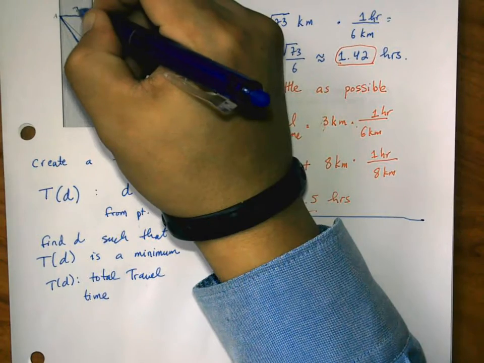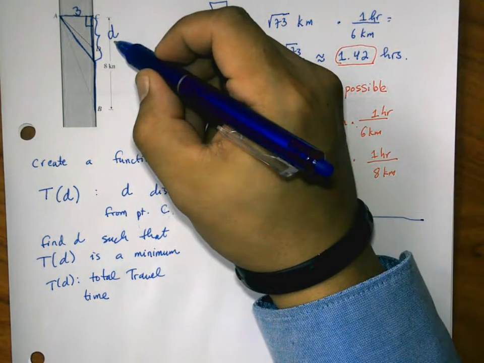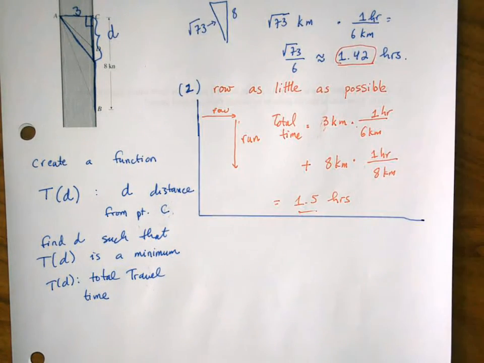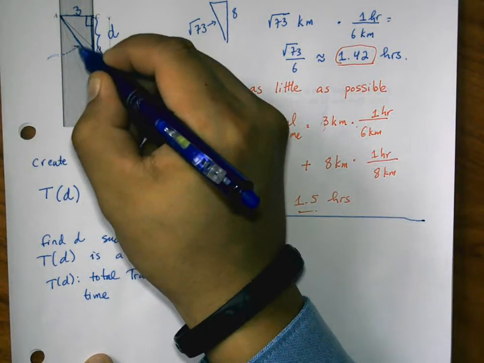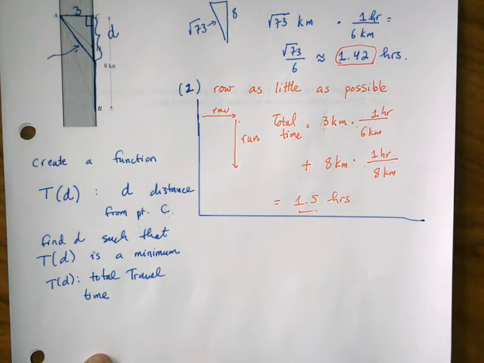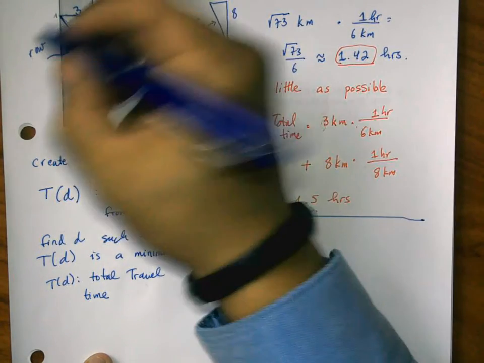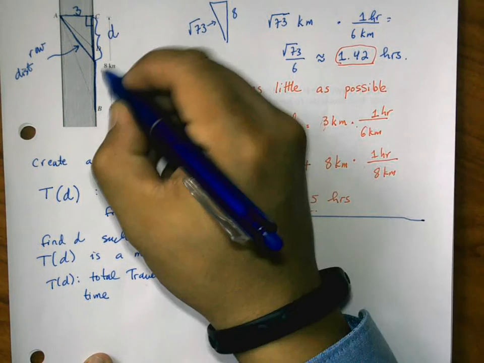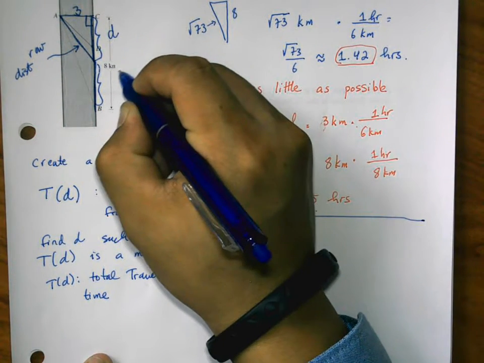So this distance here is 3, and this distance here is D. This hypotenuse is how far he's going to row. So the rowing distance. And then this length down here is how far he's going to run.